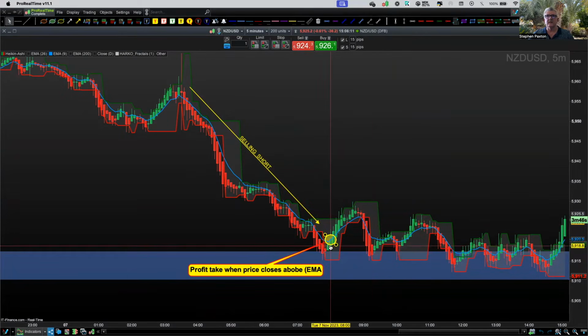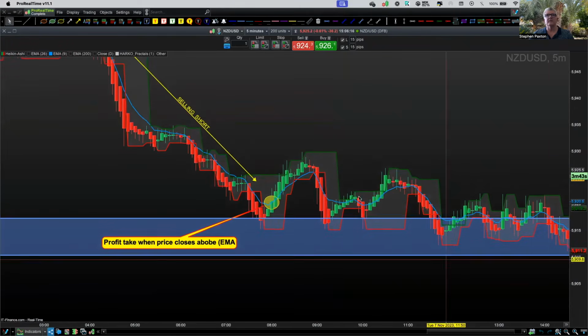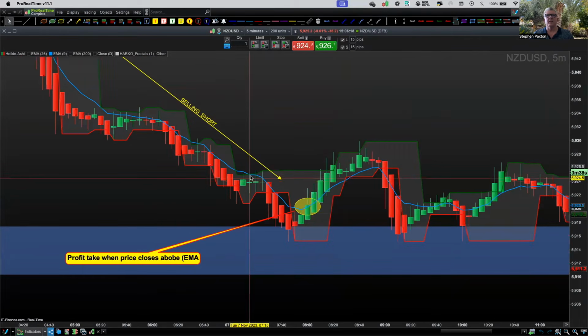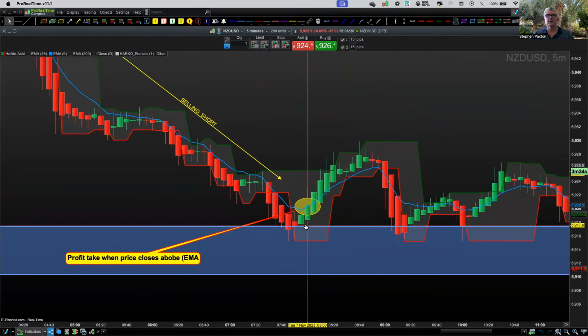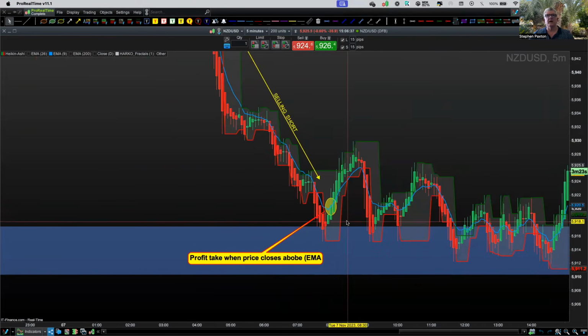And as you can see here, if I can zoom this up a little bit, let's zoom that up so you can see. When the candle breaks the 9 EMA after the bounce into here, then there's your exit. So your exit on maximizing your profit is a break of the 9 EMA.